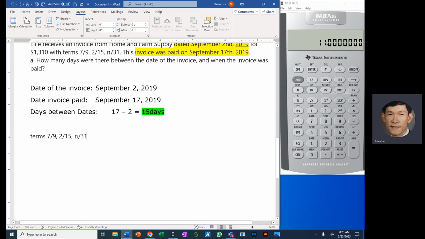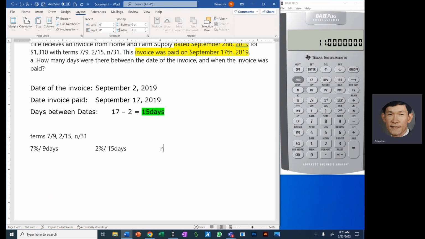All right, and then we can say 7% and 9 days. Then we can go 2%, 15 days. We understand that is after the date of the invoice.